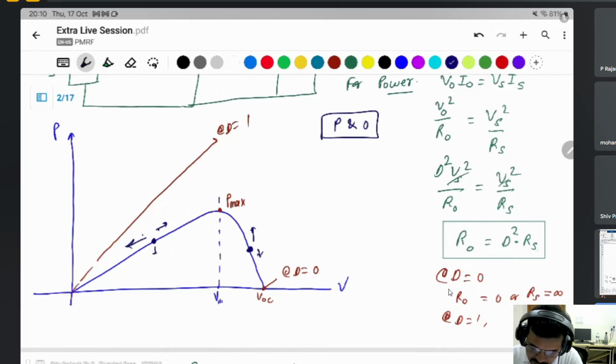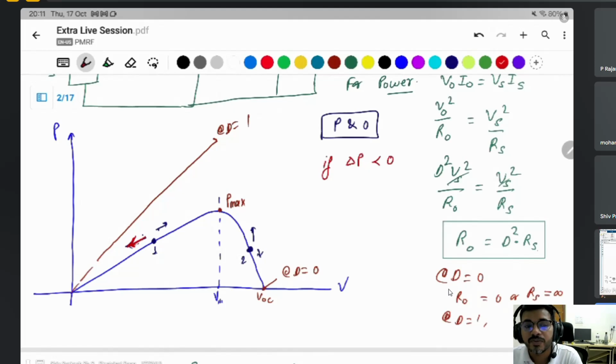Suppose this is the first thing. Second thing, if delta P, the change in power, will be negative here because the power is decreasing and the voltage is also decreasing. The power change is not equal to 0, delta P is less than 0.